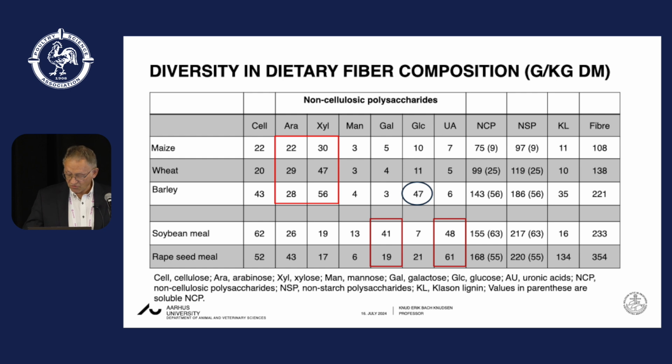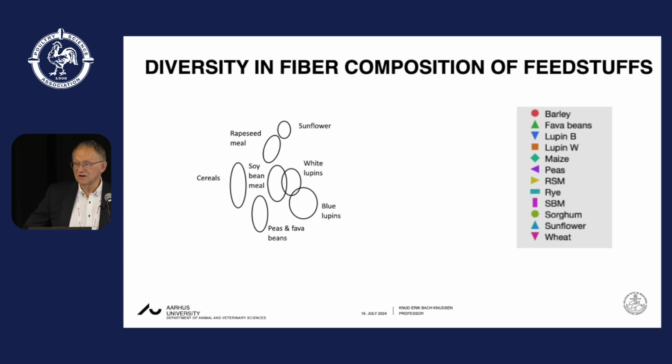You can look at it from other angles as well. And that is also clearly shown when you perform a principal component analysis of the sugar composition of the non-cellulosic polysaccharides and also the cellulose content.